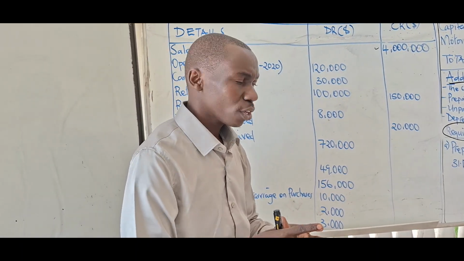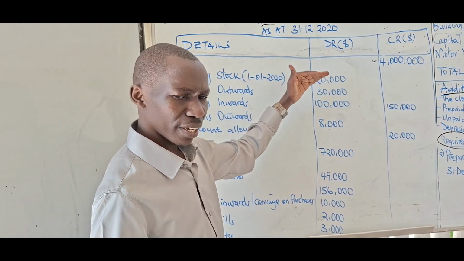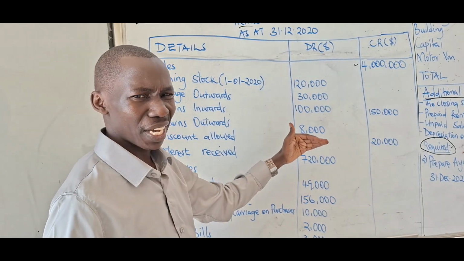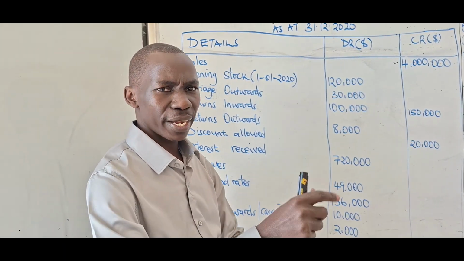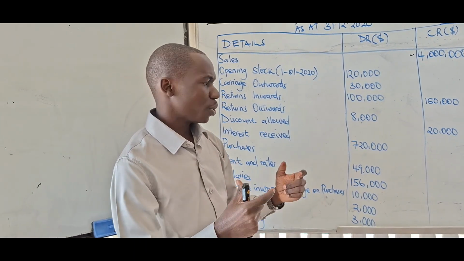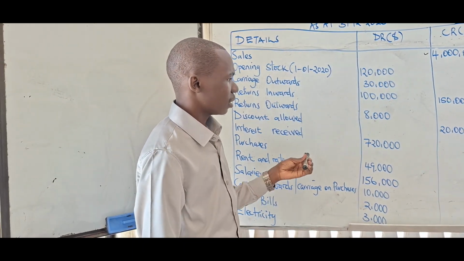Which nominal accounts? We are looking at only revenue, incomes and expenses, gains and losses. We don't take our real accounts like assets, liabilities, equity in our income statement. So let's take a look at this.